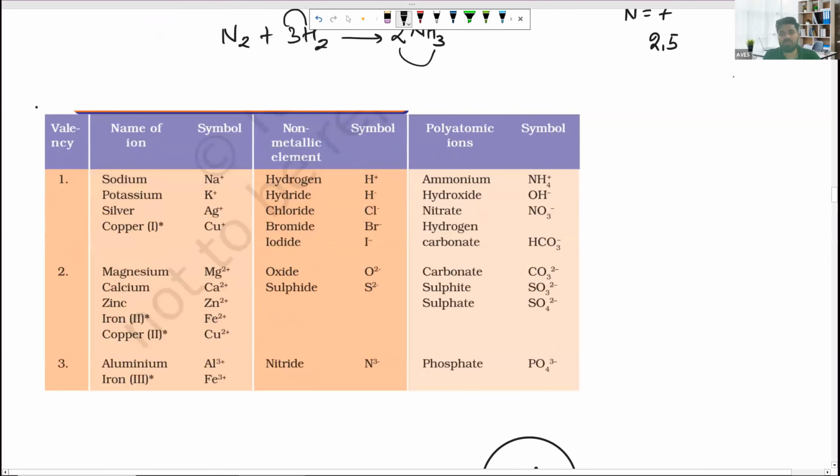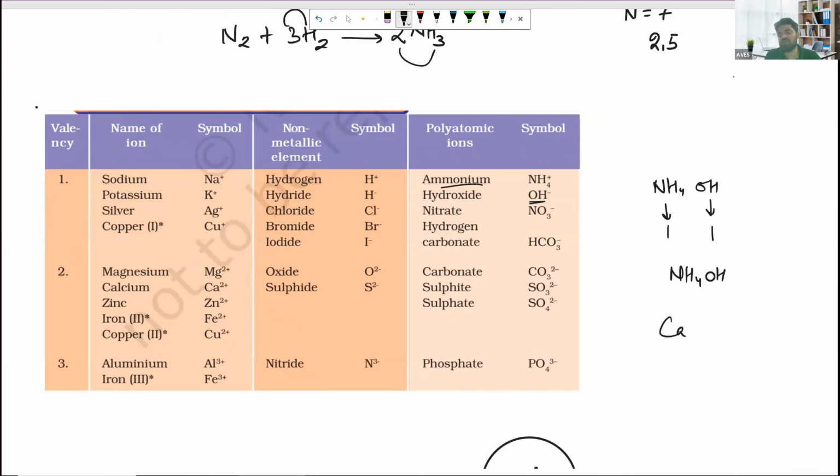For example, here you have to write the formula of ammonium hydroxide. Ammonium is NH4, and hydroxide is OH. If a plus sign is written, it means it has +1 valency. Hydroxide has only a minus sign, it means it has -1 valency. So if they have the same valency, they will be written as is, NH4OH.